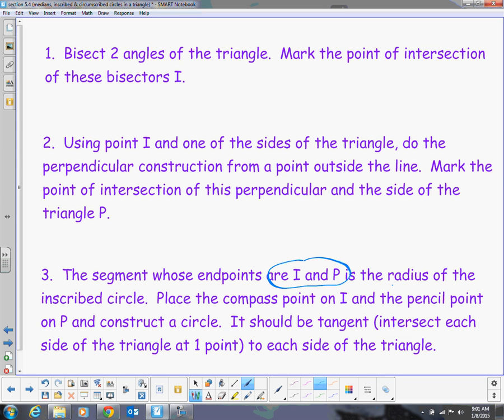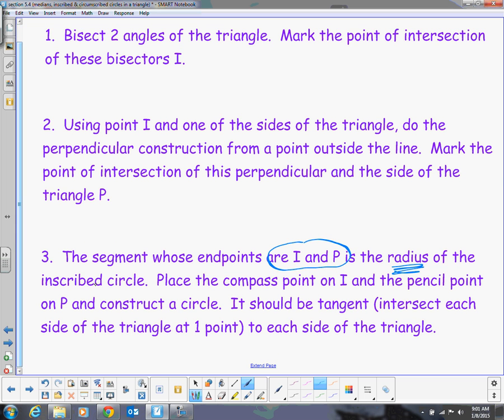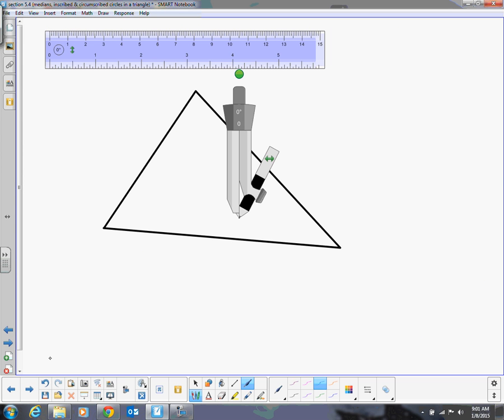That is the radius of the inscribed circle. So you'll put your compass point on I, you'll put your pencil point on P because that's the endpoint of the radius, and it should be tangent to all three. Now, don't get too frustrated if you're off just a tad, because literally the thickness of your pencil point or the inaccuracy of your angle bisectors could cause it to be off.